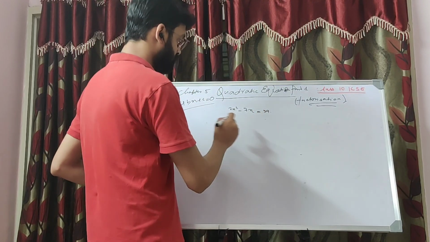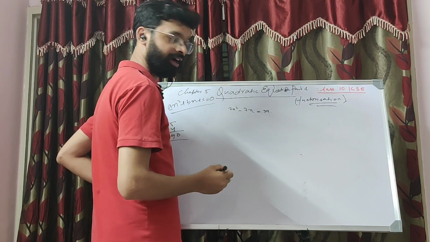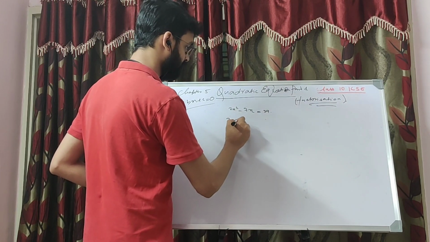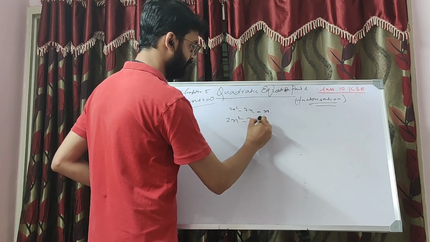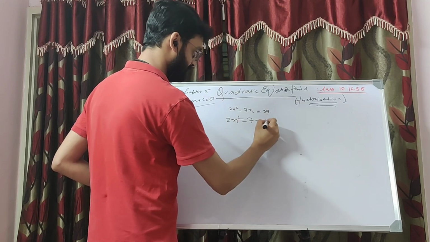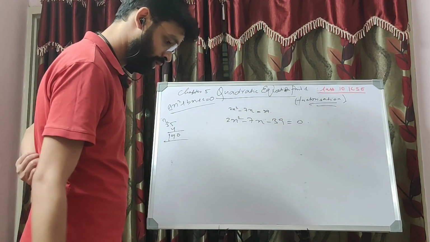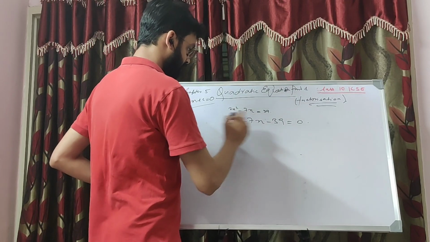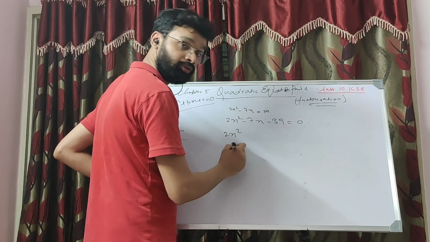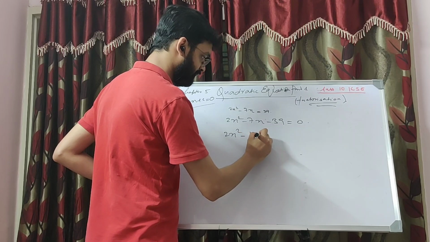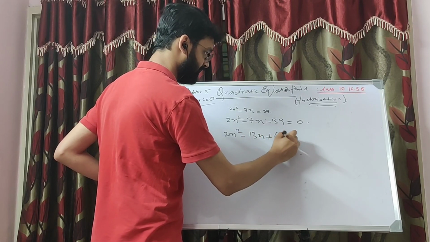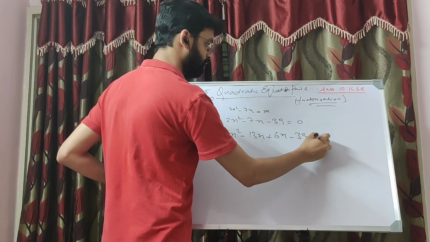So I will be doing this by the middle term factor method. So 2x square minus 7x minus 39 is equal to 0. This can also be written as 2x square minus 13x plus 6x minus 39 is equal to 0.